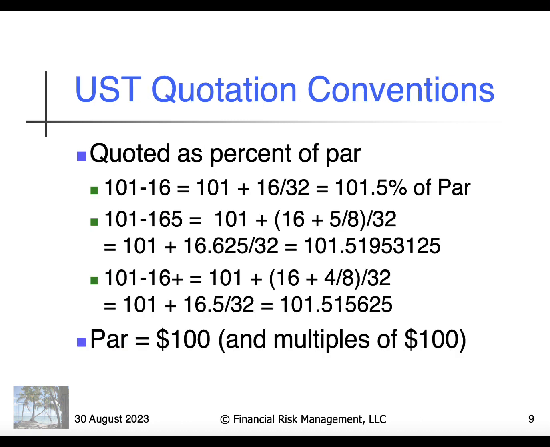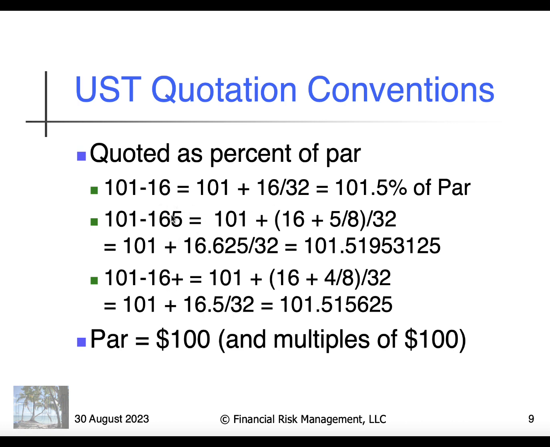Before we dive into the technical details, just to be sure we're on the same page, U.S. Treasuries have a variety of different quotation conventions. Generally, they're quoted in 32nds. And so 101-16 means 101 and 16/32nds of par, or 101.5% of par.